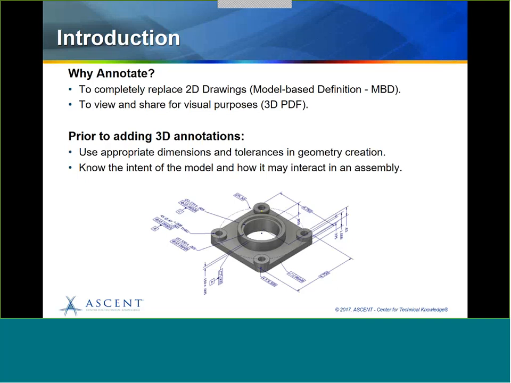The other thing you want to think about as you're modeling is your design intent and how that model is going to interact downstream. Is it going to be in a top-level assembly? Knowing how it's going to be assembled into a larger assembly is important when you look at creating your GD&T annotation. So these are all things prior to annotating that you should think about.